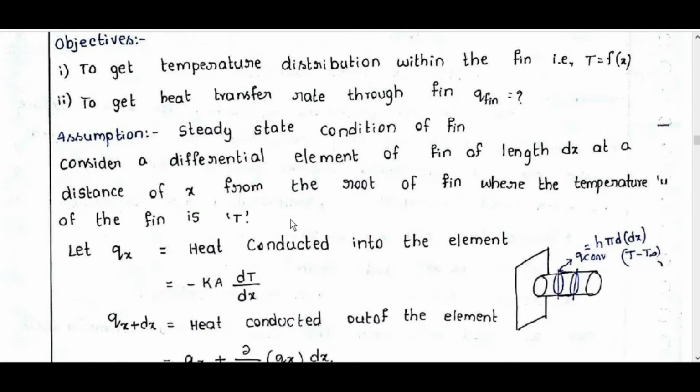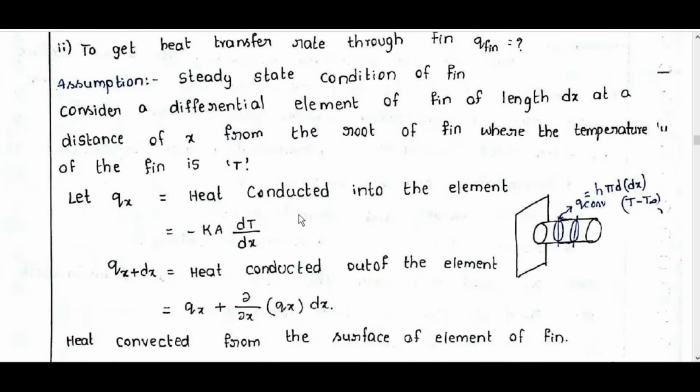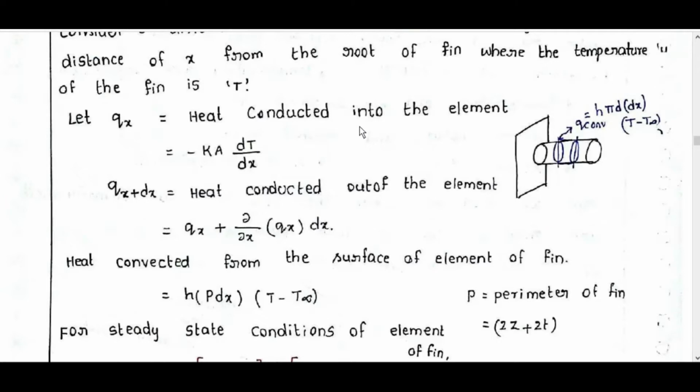Consider a differential element of fin of length dx at a distance x from the root of the fin, where the temperature of the fin is T. Let Qx be the heat conducted into the element, equal to minus kA dT by dx. Qx plus dx is the heat conducted out of the element, equal to Qx plus dou by dou x of Qx dx.